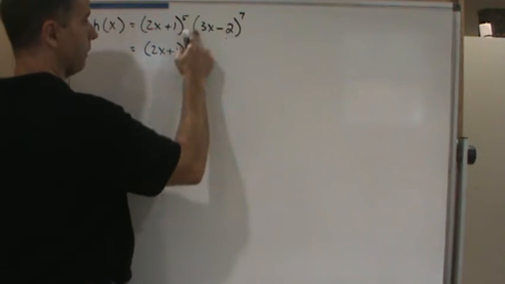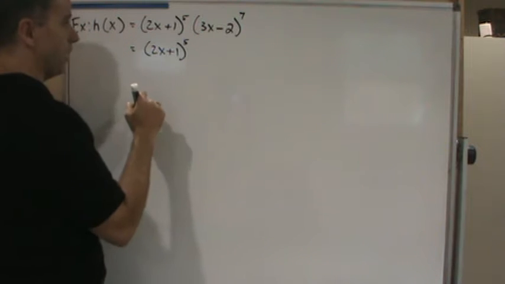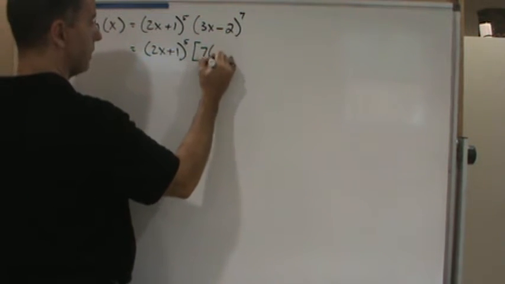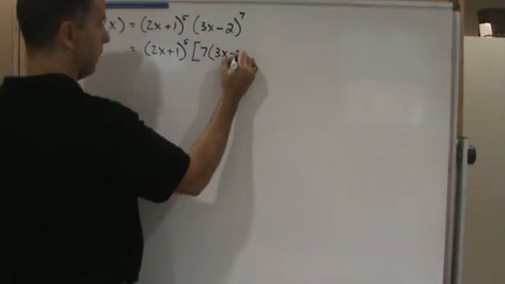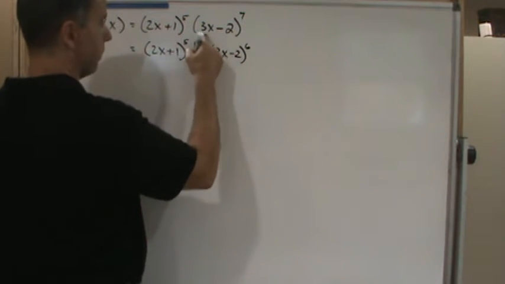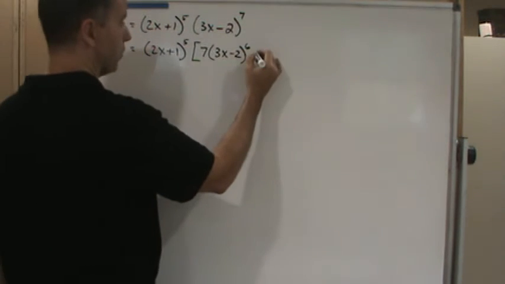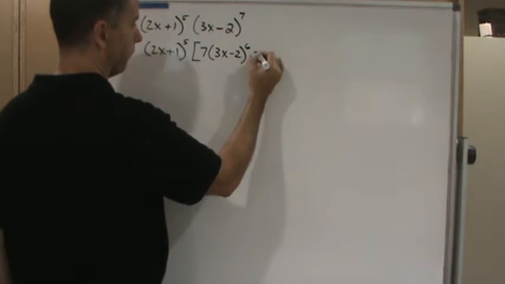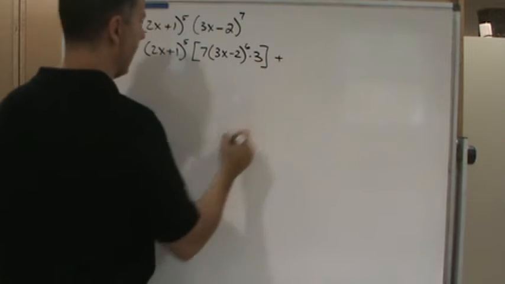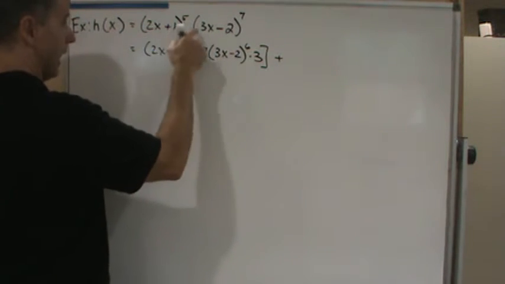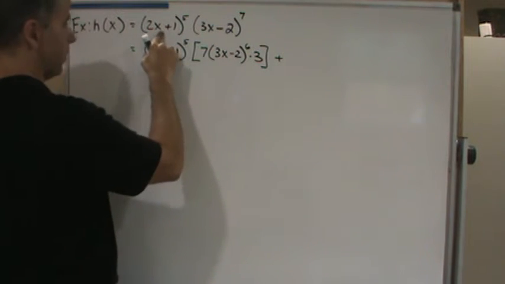Now, what's the derivative of the second? Well, this is where the chain rule comes in. So it's going to be 7 times (3x - 2) to the 6th power times the derivative of the inside, which is 3. Plus, now we're going to do the derivative of the first times the second. So the derivative of the first is the chain rule.